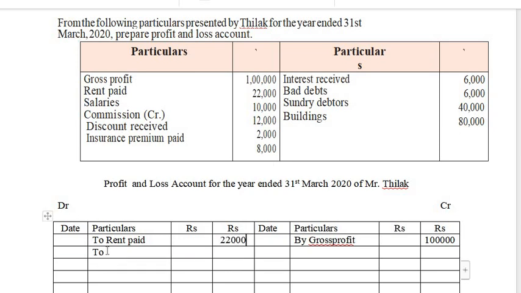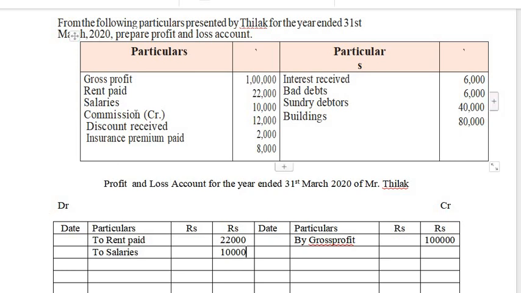Already I said whenever any expense is given without paid also, you can consider it an expense. If it's income, they will definitely give the term earned or received. So to salaries, the amount they have given is 10,000 rupees.